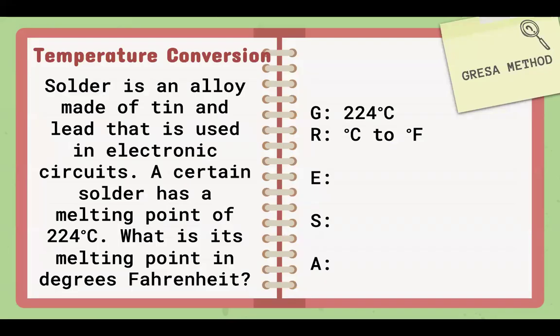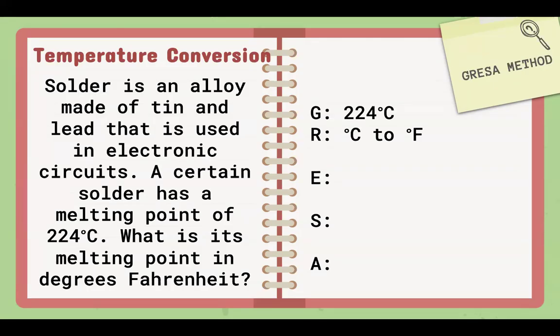So for example, we have a solder, which is an alloy, with a certain melting point of 224 degrees Celsius. What is its melting point in degrees Fahrenheit? So following the BRESA method, we have the given, 224. The required is the degree Fahrenheit from Celsius.